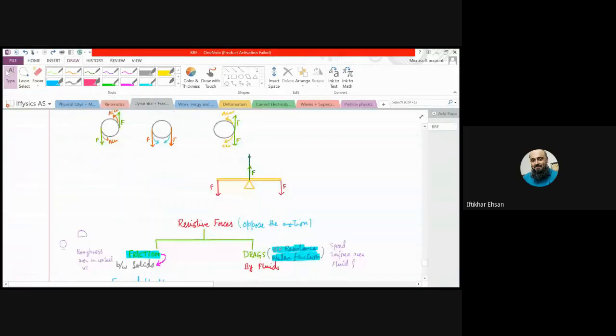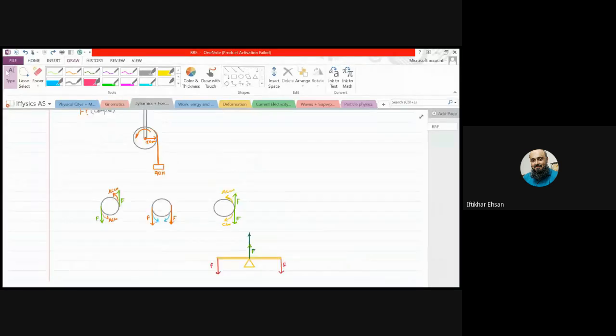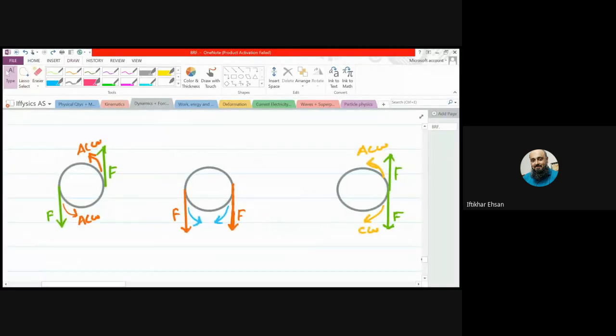Now, there are three examples. We have done this in O level as well. Here we are having two forces. So, beta, please tell me, is this system in equilibrium? Yes or no? No. Very well.